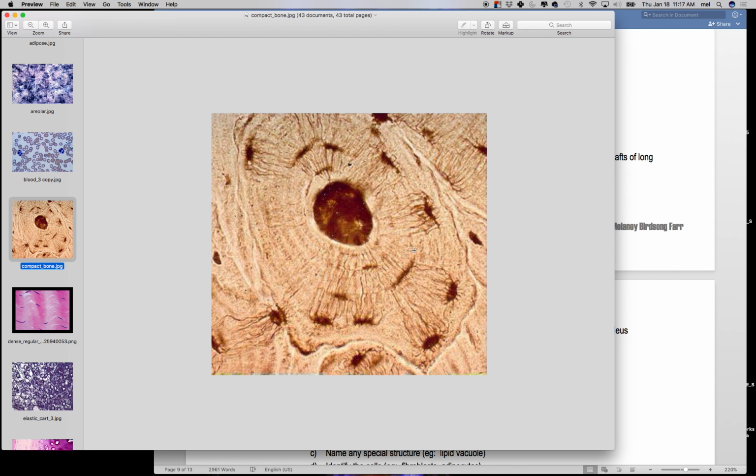You'll lay down one layer, and then you'll grow, and you'll lay down another layer, and you'll grow, and you'll lay down another layer. This layer of bone matrix, or any of them, is called a lamella. Plural is lamellae. It's Latin for layer. Is that just the outer ring? No, it's any of the rings. So all of the rings are called lamellae.